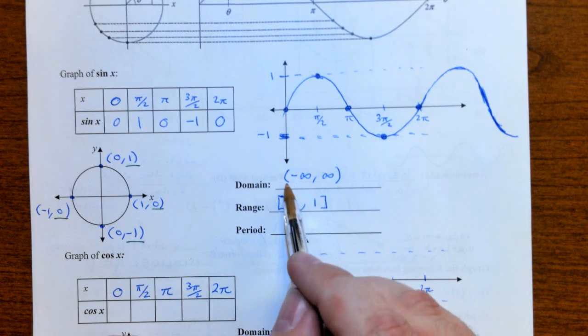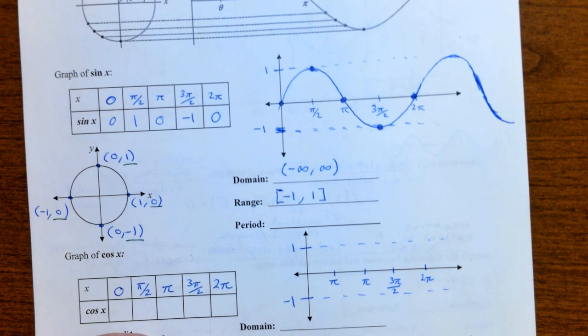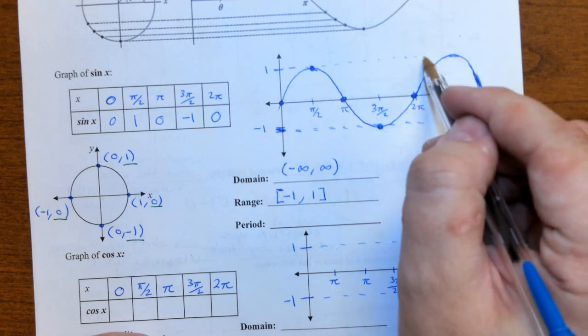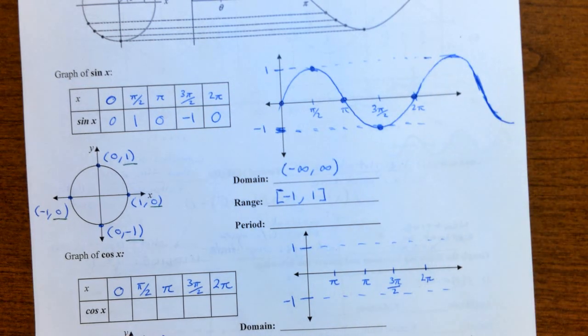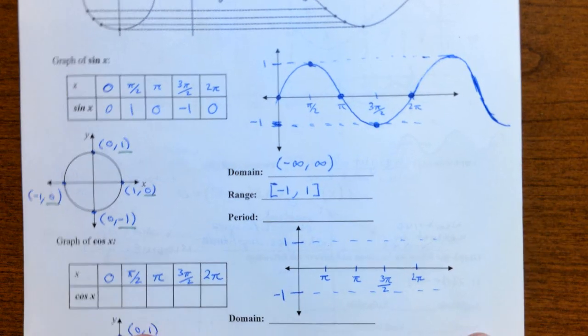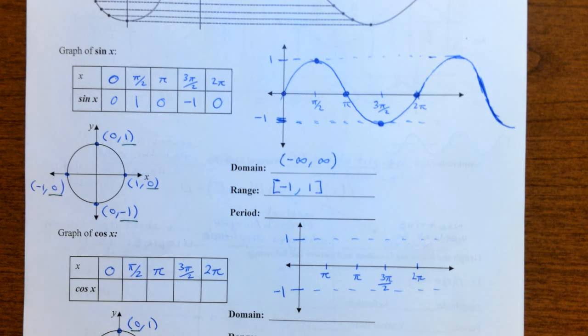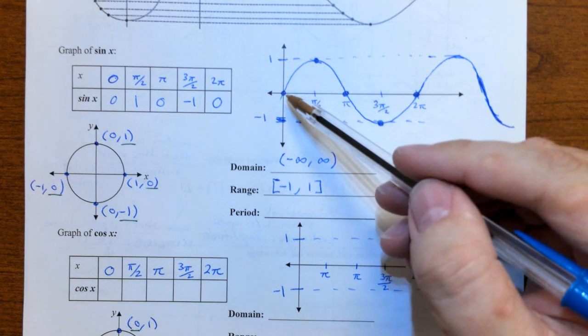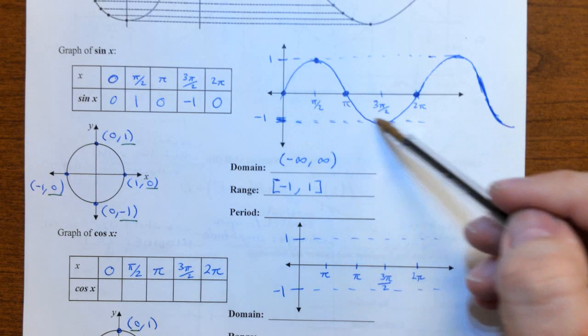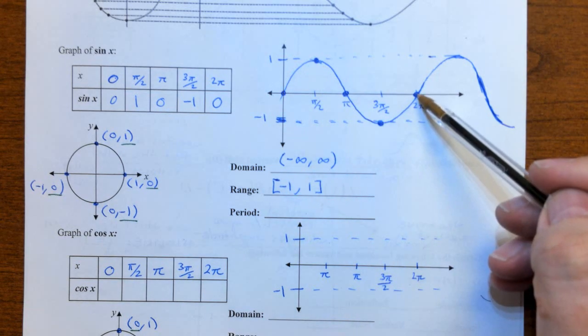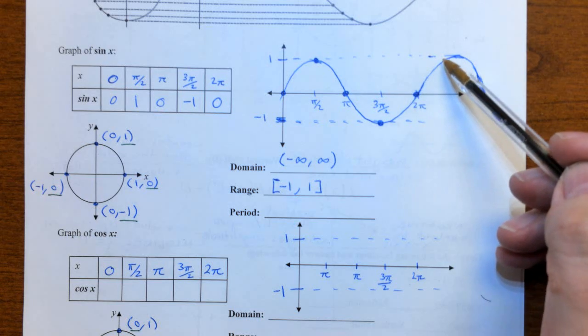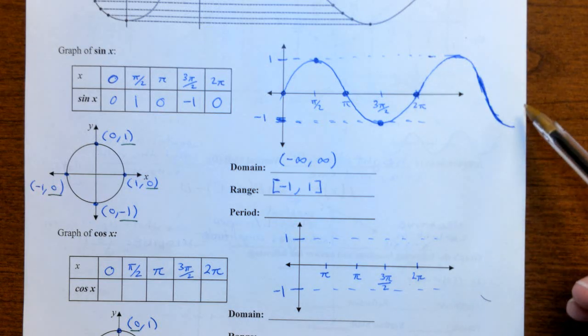Okay? My domain is all real numbers, but we're introducing a new concept here called period. This function is what we call periodic. It repeats itself every so often. As I go around, I go through the unit circle once, and if I go past 2 pi, I just start encountering the same values once again.